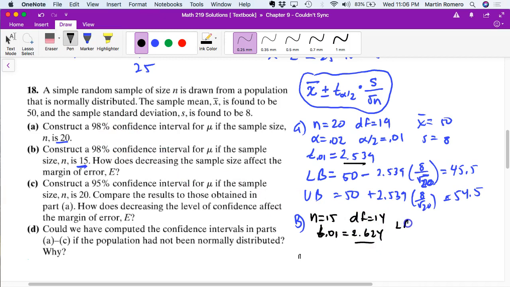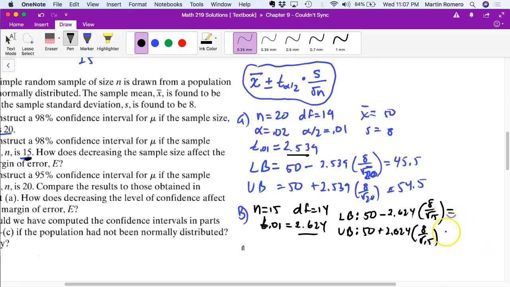And then if you do all the calculations, the lower bound is 50 minus 2.624 times 8 over the square root of 15. So I'm using a different sample size here, 15 instead of 20, and then you get an upper bound of 50 plus 2.624 times 8 over square root of 15.